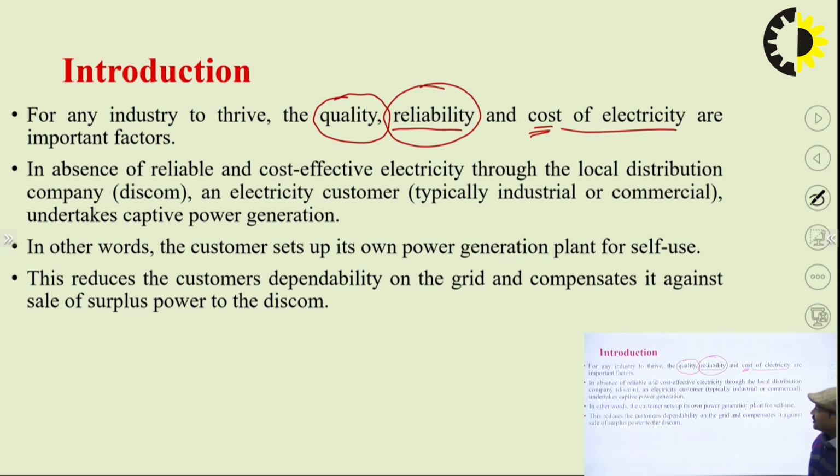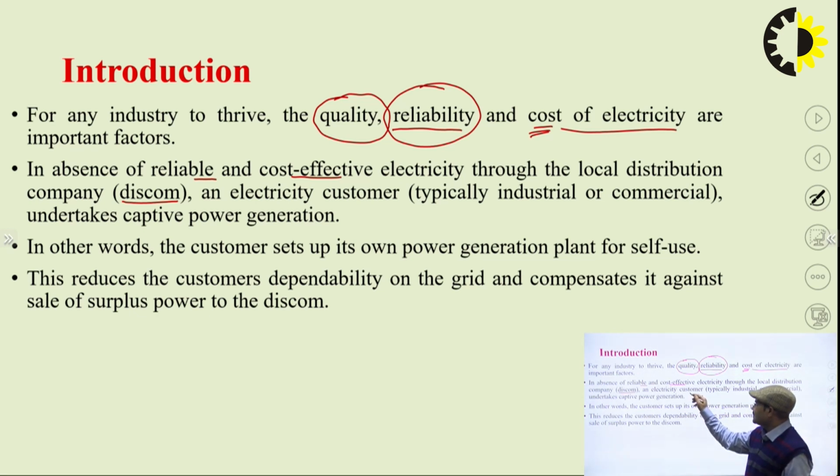In the absence of reliable and cost effective electricity through the local distribution company, like when the DISCOM may fail or there may be some small fault, outage of the supply will be there, and reliability, quality as well as cost of the electricity will be affected.